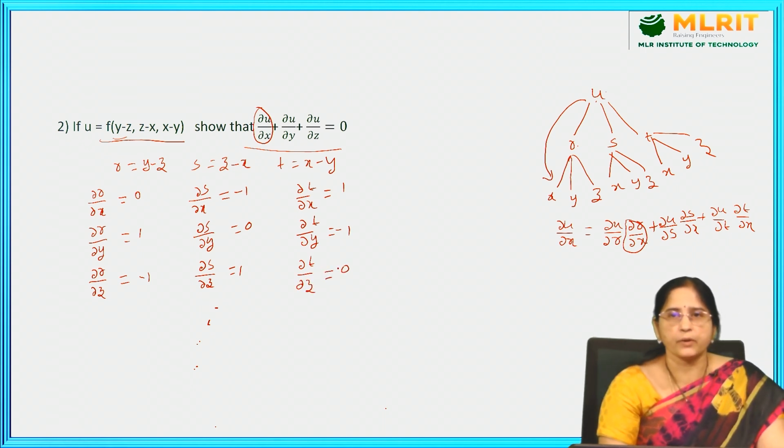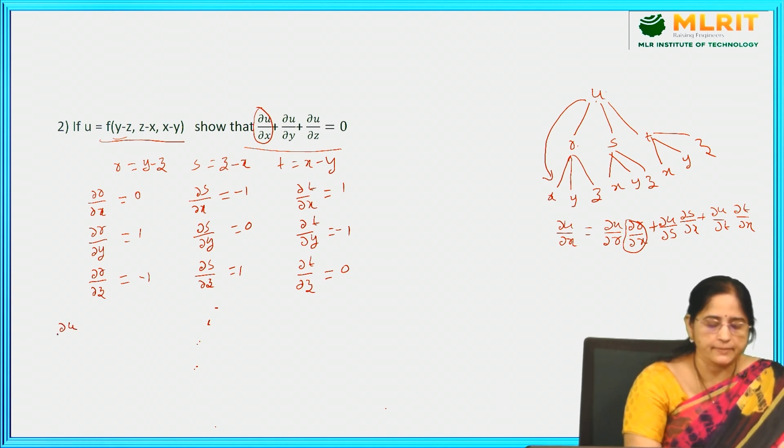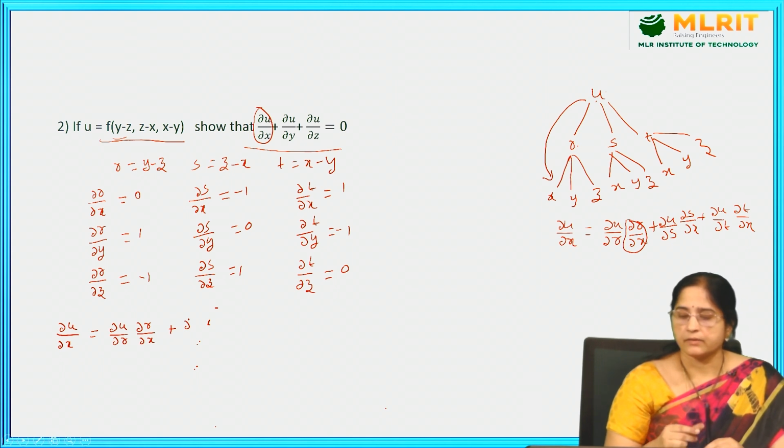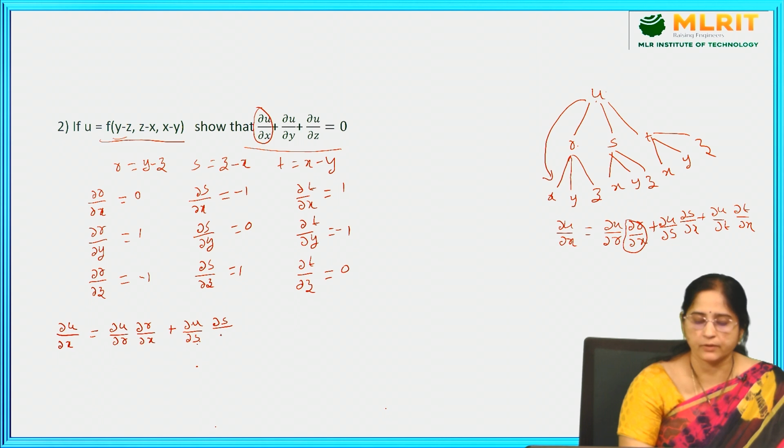Next find out ∂u/∂x. The formula is ∂u/∂r into ∂r/∂x plus ∂u/∂s into ∂s/∂x plus ∂u/∂t into ∂t/∂x.